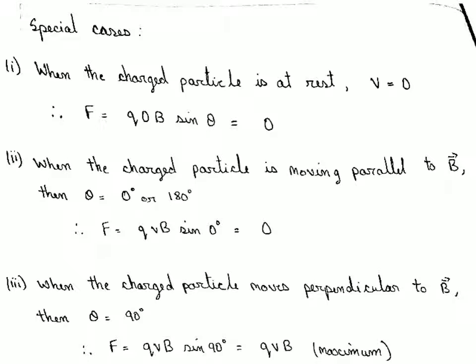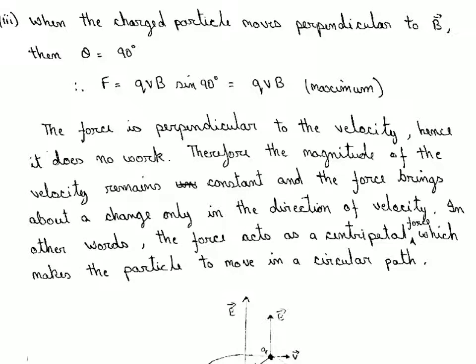Then we come to the next case, number 3, when the charged particle moves perpendicular to the magnetic field B. Then the angle between the velocity vector and the magnetic field vector is 90 degree. Hence the force is equal to QVB sine 90, and sine 90 is equal to 1, which is the maximum value of sine.